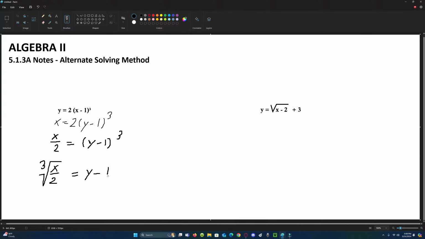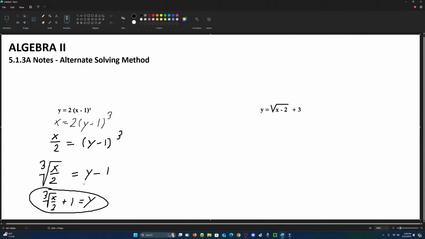So then all we have to do is get rid of this 1, which would just be done by doing this. So this would be the cube root of x over 2, plus 1, equals y. And this would be the answer. So basically, all this is saying is that you should swap the places of x and y and then just solve for y, and that would give you the inverse function.